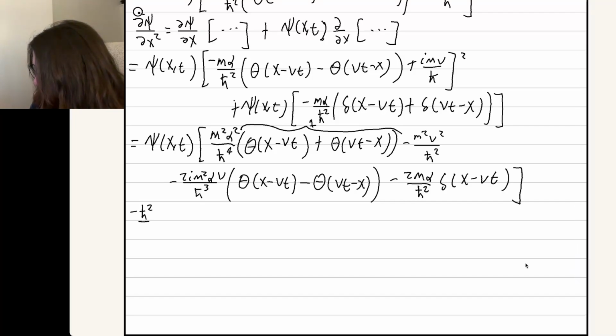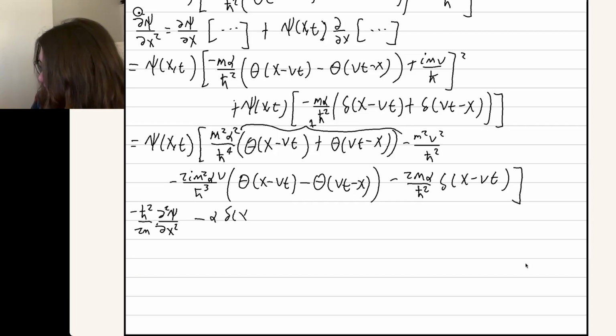Instead, I'm going to start writing out the full right-hand side of the Schrödinger equation. So basically, minus h bar squared over 2m times the stuff we just did, minus alpha delta of x minus vt times the wave function.